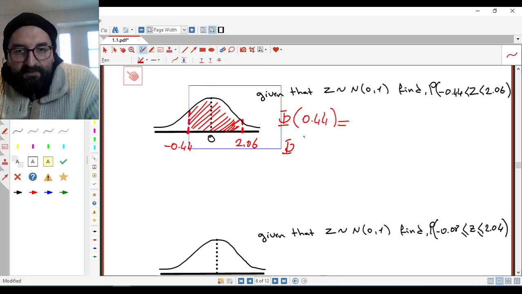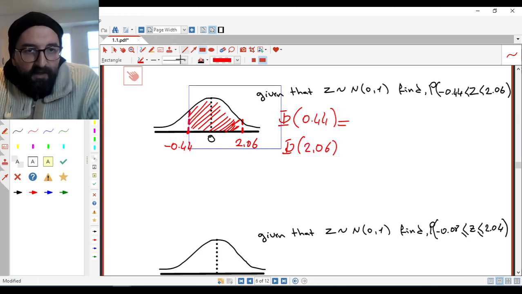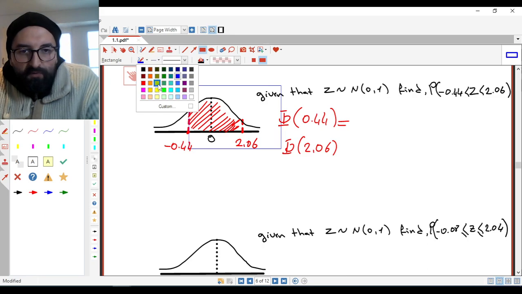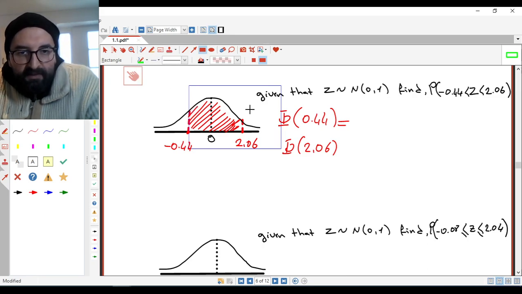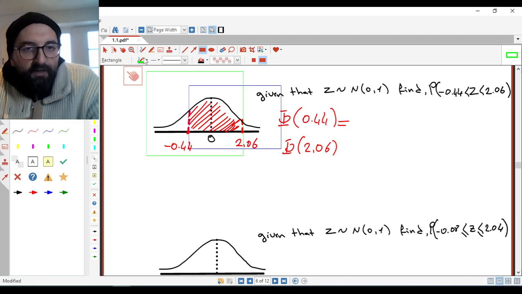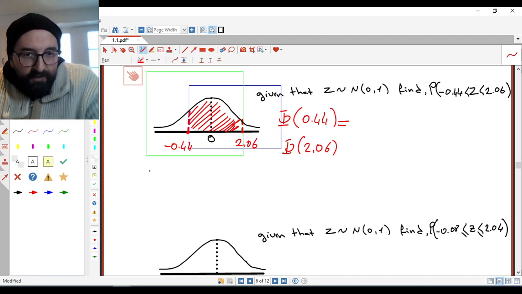If you find phi 2.06, you can find the big area which is separated by 2.06. Please look at this section carefully.